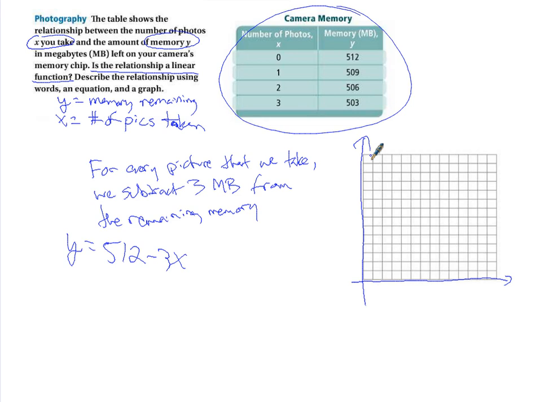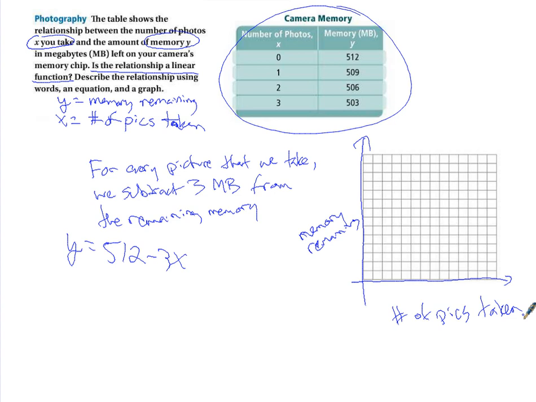Memory is on the y-axis. It's memory remaining. And then on the x-axis is number of photos, number of pictures taken. All those Snapchats.